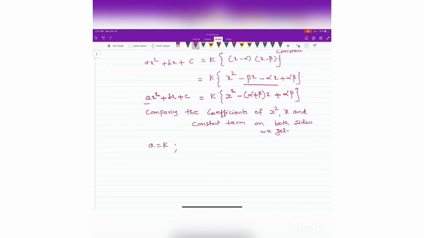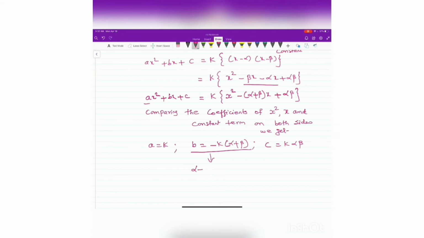Then, coefficient of x will be, here left hand side it is b, right hand side it is minus k into alpha plus beta. Constant term in left hand side is c, whereas on the right hand side it is k alpha beta.